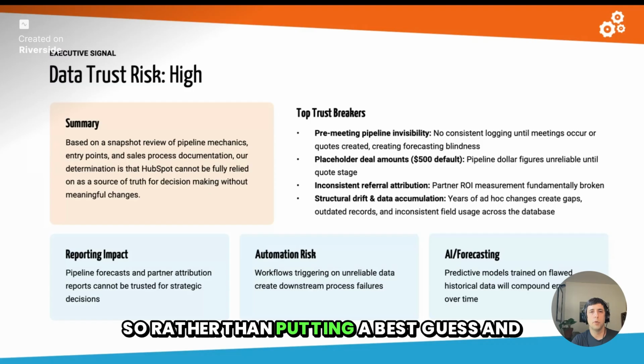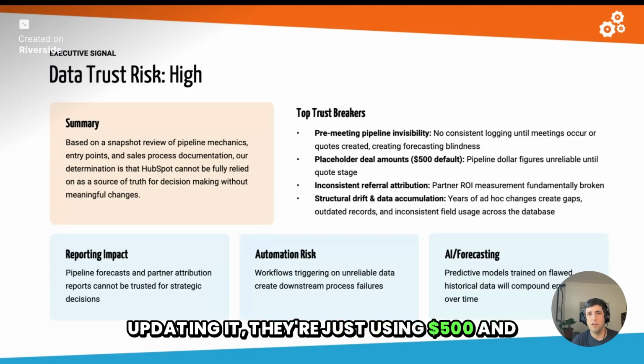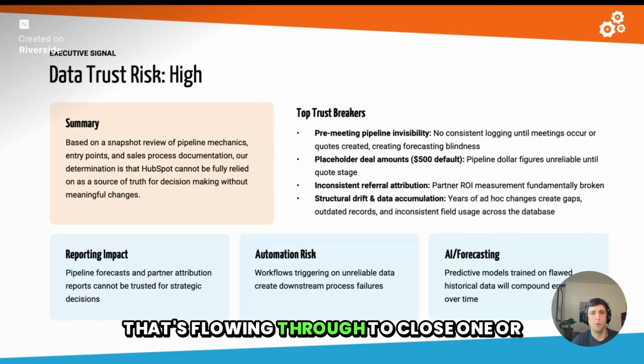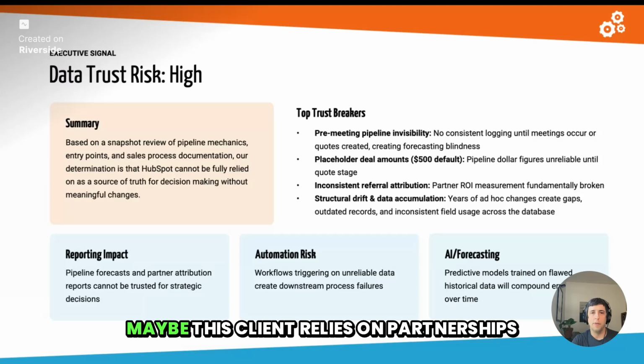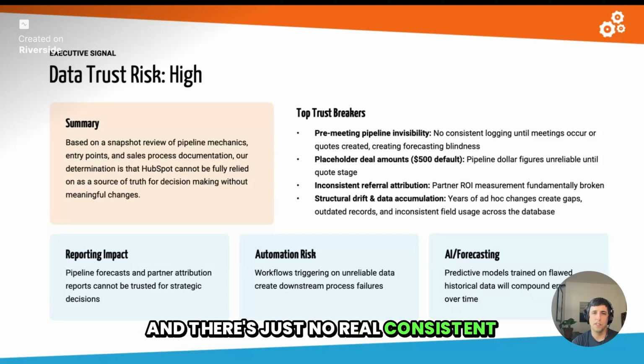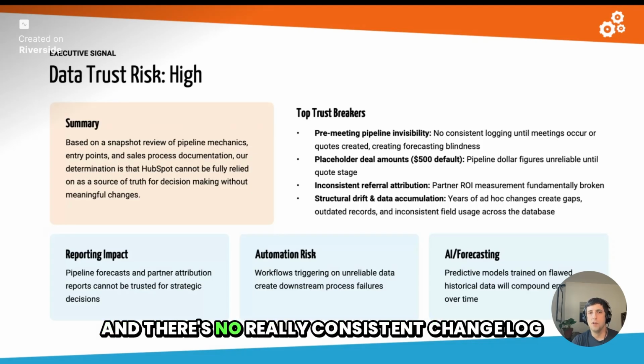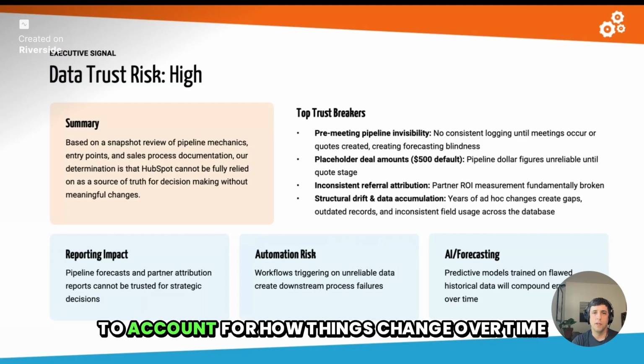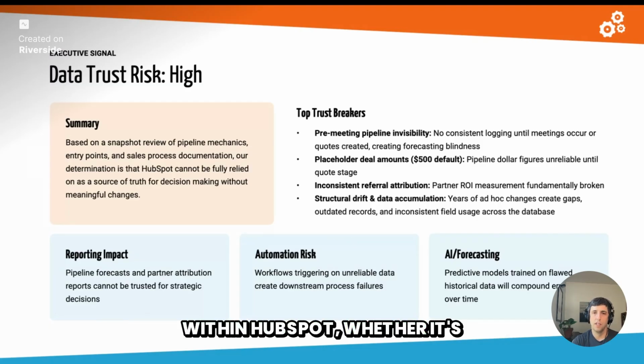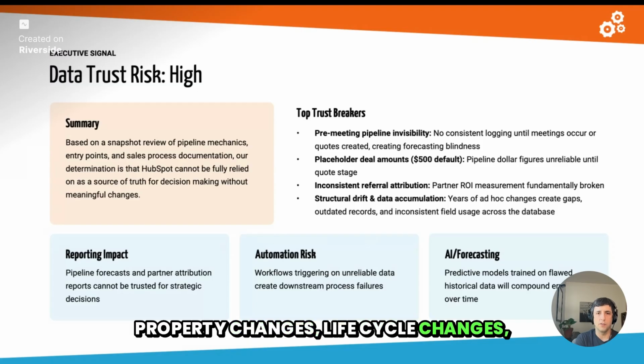Rather than putting in a best guess and updating it, they're just using $500, and that's flowing through to closed won or closed lost. Maybe this client relies on partnerships and there's no consistent referral attribution to show what revenue is coming from partners. And there's no consistent change log to account for how things change over time within HubSpot, whether it's property changes, lifecycle changes, or object changes in the ecosystem.